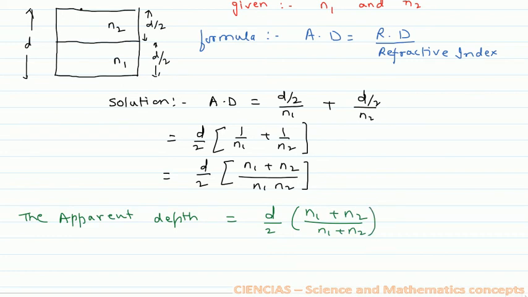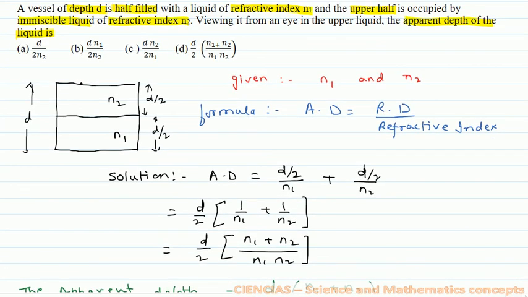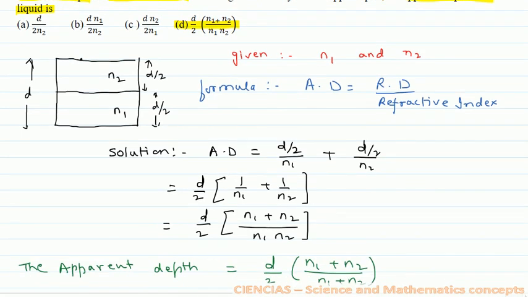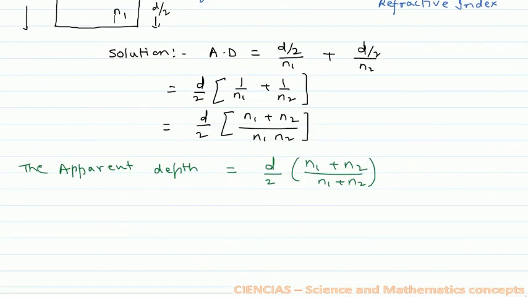Hence we see in the question, the answer is option D. So here also we write down, the answer is option D, it is the correct answer. That is all for this question.